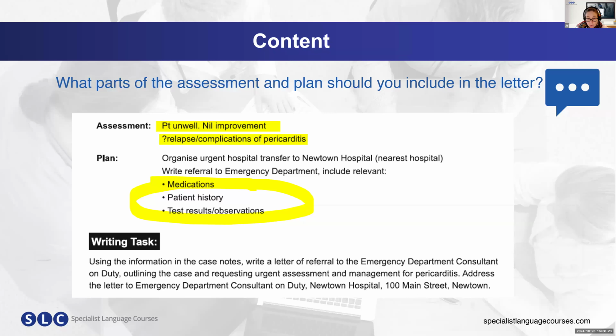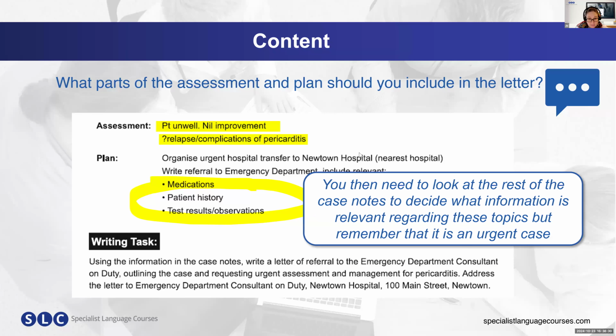Then you look at the rest of the case notes and decide what information is relevant regarding those three topics. But remember that it's an urgent case, so you want to keep things on current situation and future care needs as much as possible, but you will need to include past medical history relating to those as well.